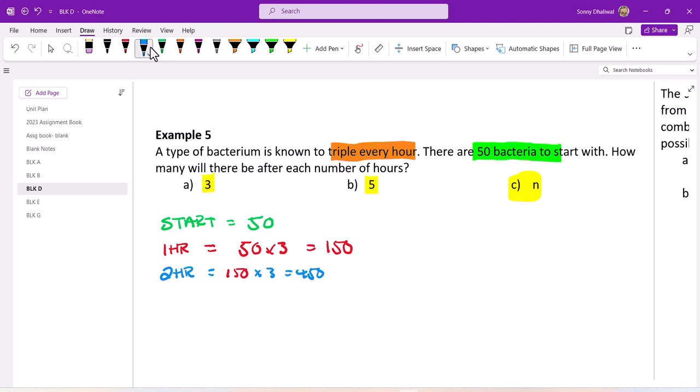But to help with the pattern recognition, let's replace that 150 with where that 150 came from. That 150 came from 50 times 3. So I'm going to rewrite it. Instead of the 150, I'm going to write down 50 times 3. Then I still have that tripling for the second hour, and it still equals 450.